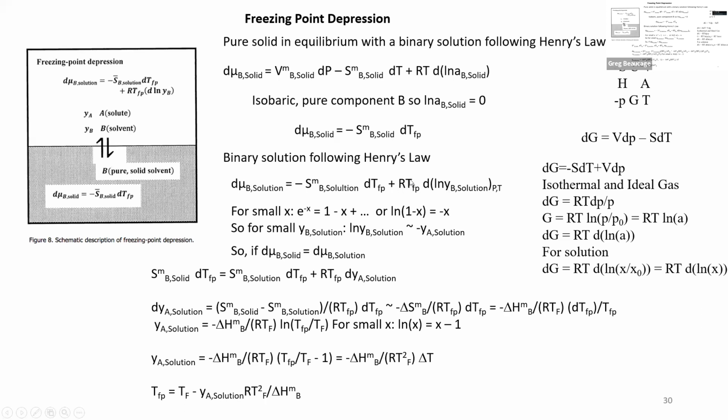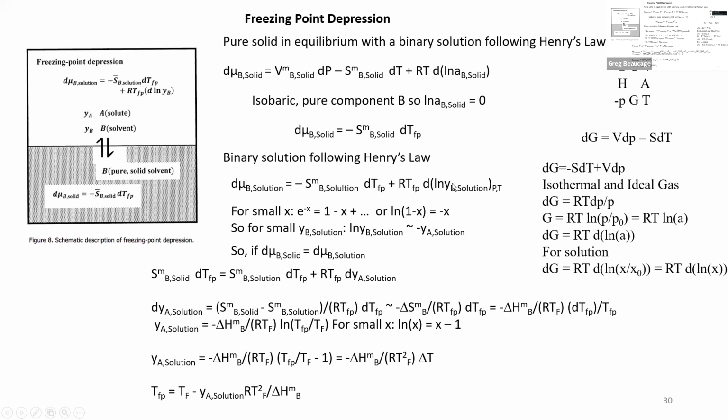And then, anyway, you keep this, but you say e to the minus x expands to 1 minus x plus x squared over 2 minus x cubed over 3 factorial, etc. Right? So you take the first two terms if x is small and y is small here. Then e to the minus x is 1 minus x, which means ln of 1 minus x is minus x.